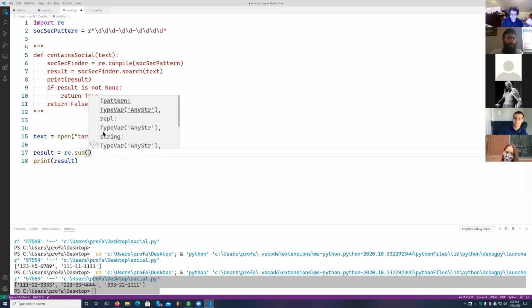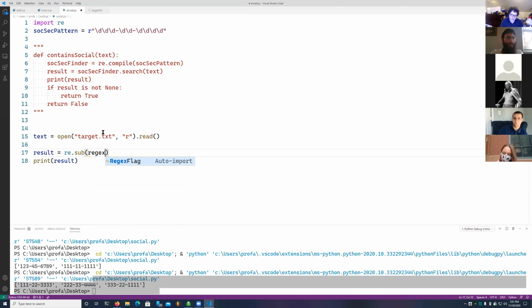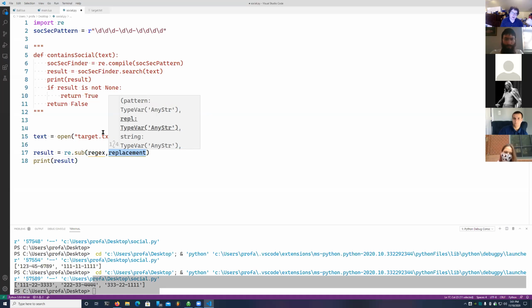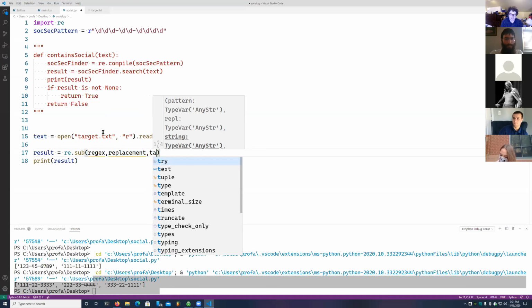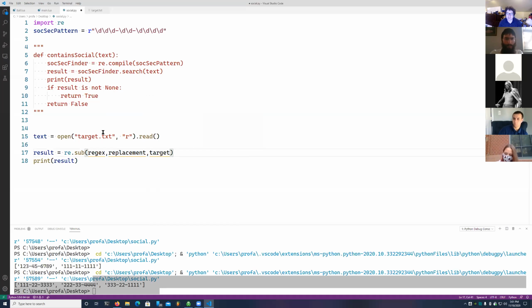So sub needs the pattern that we're going to use, in other words, the regex. The replacement, in other words, what are we going to replace the regular expression with? And then the target. What are we actually searching in, doing our find and replace mission in?